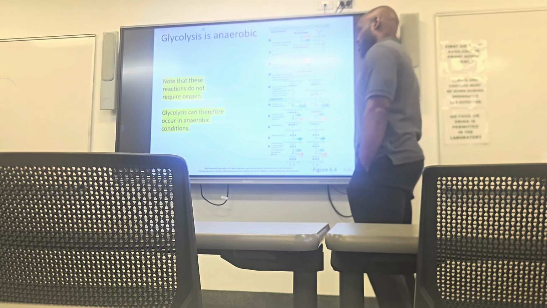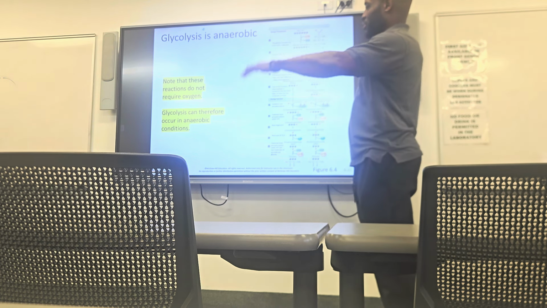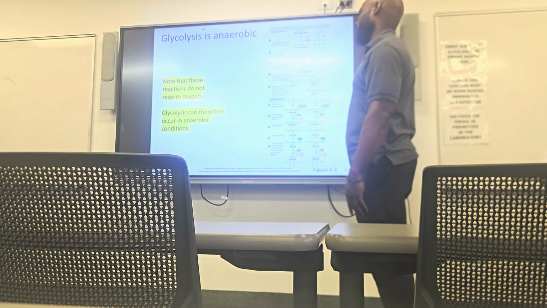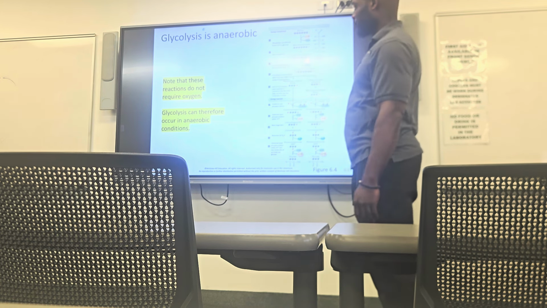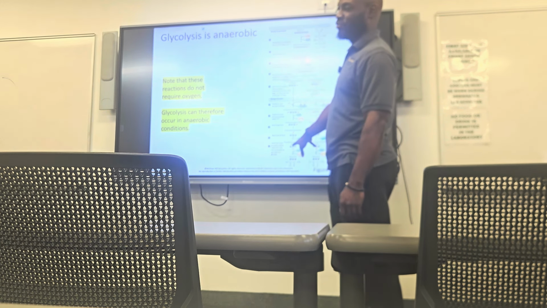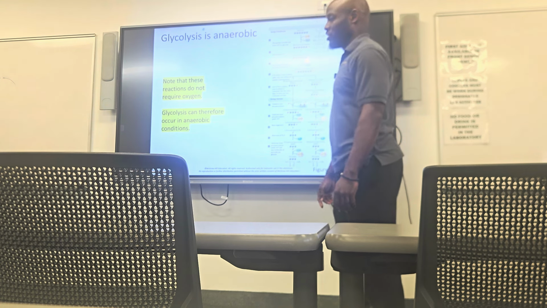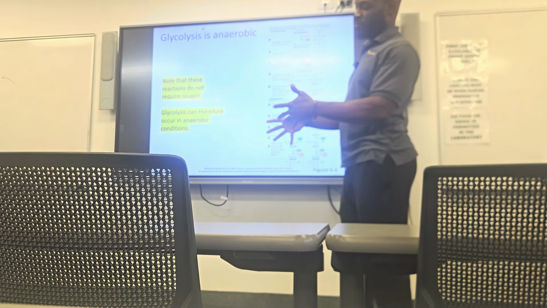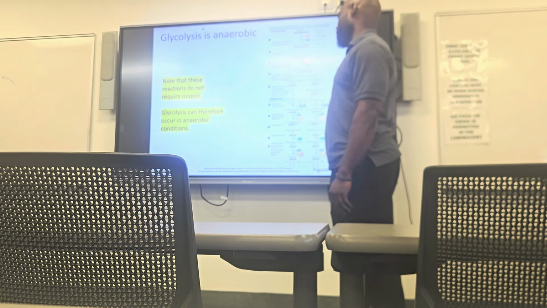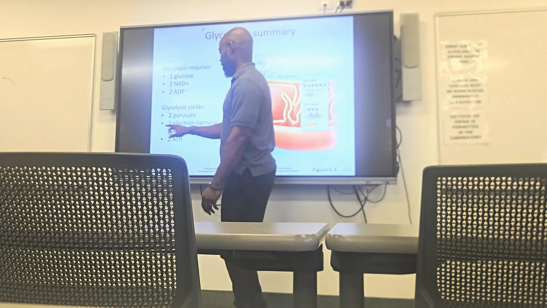Anaerobic means it operates without the presence of oxygen, right? So the glycolysis reaction, the splitting of glucose into pyruvate, which you have at the end, and the making of the first 2 ATP, we actually made 4, but the net result of 2, is anaerobic.